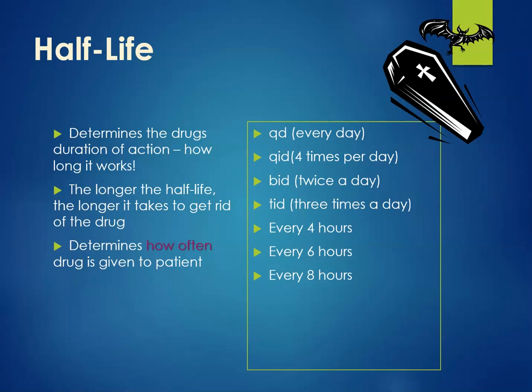And it determines how often drugs are given to patients. Tylenol, for example, has a half-life of probably 4 hours or so, and at that point you need to take more medication to keep those therapeutic levels.